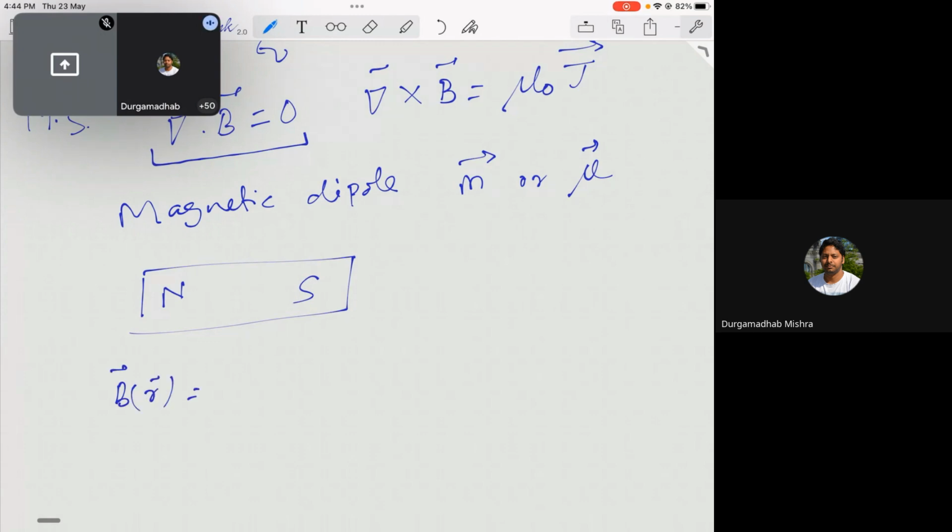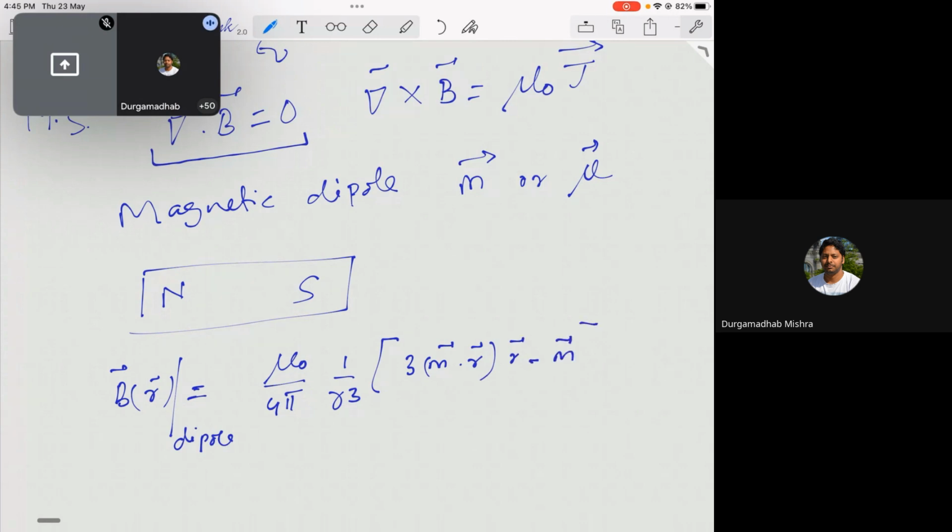The magnetic field produced due to a magnetic dipole is given by mu naught divided by 4 pi, times 1 by r cube into 3 (m dot r) r minus m.